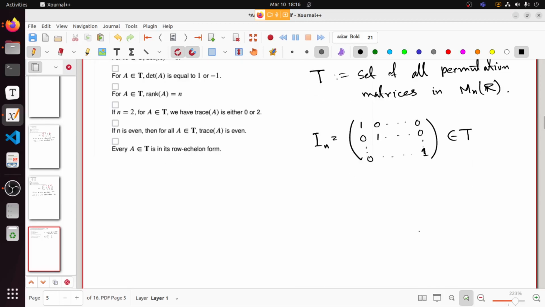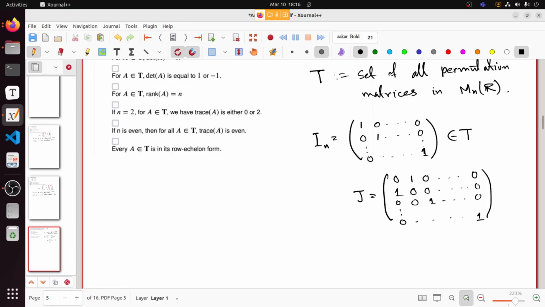Now if we interchange the first and second row, what will happen? Suppose this is J. So this is 0 1 0 0, 1 0 0 0, and everything else 0, with 1 at the end.